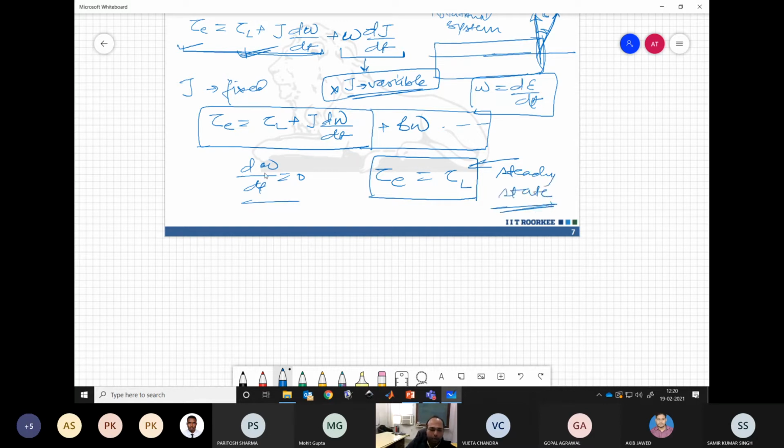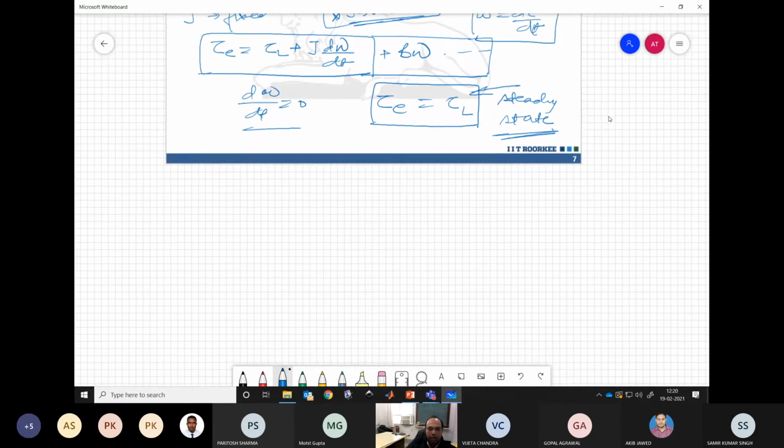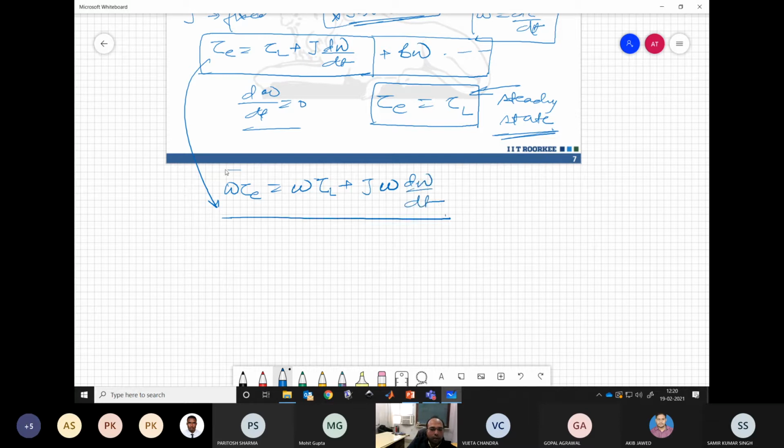Now from the power point of view, if we try to understand this and we multiply this whole equation by omega on both the sides, we have this basically represents how much electrical power we are giving into our system.